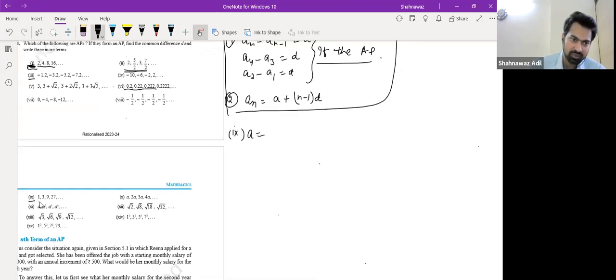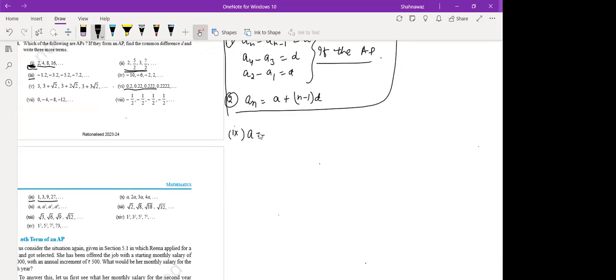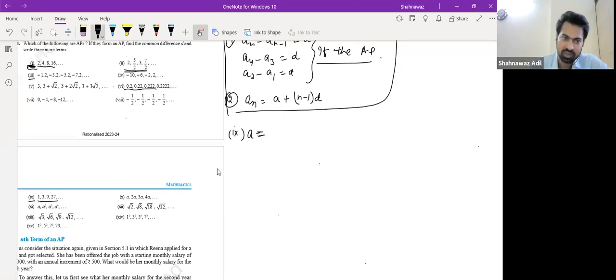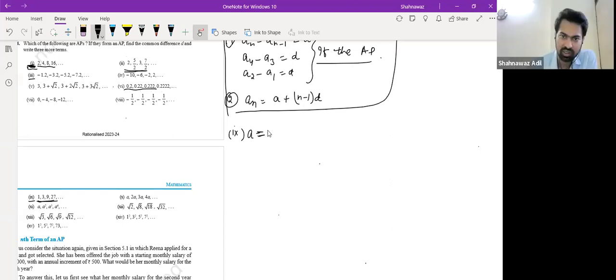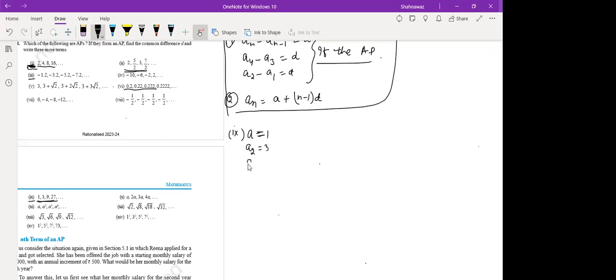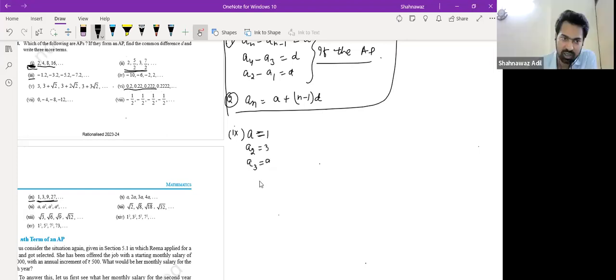What is A? A is how much? So A1 is 1, A2 is 3, A3 is 9, and A4 is 27.